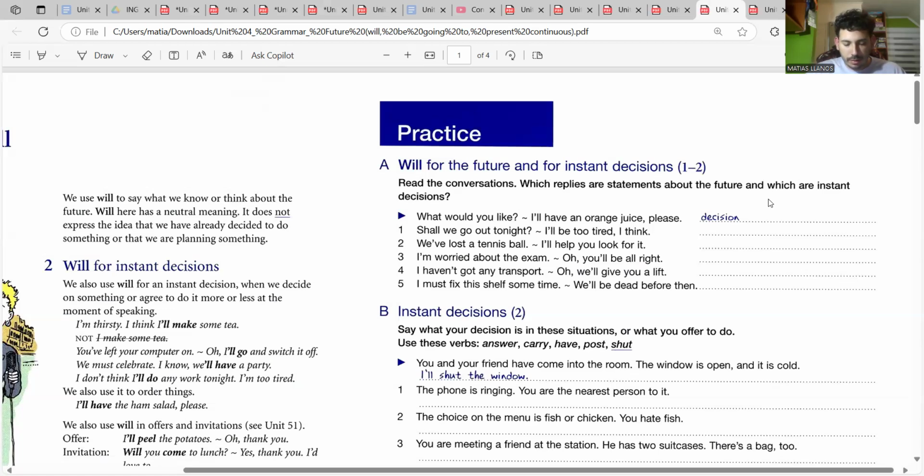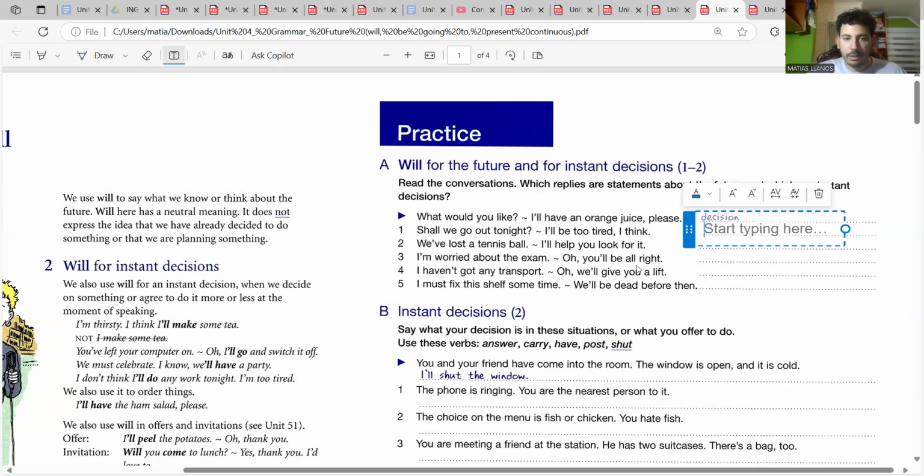So what you have to do here is say which one is a decision and which one is a statement. A decision, una decisión. ¿Cuál es una decisión? And a statement is a fact, more of a fact.